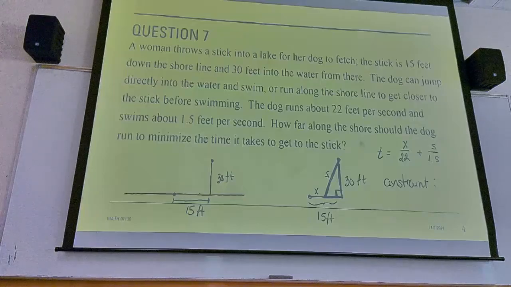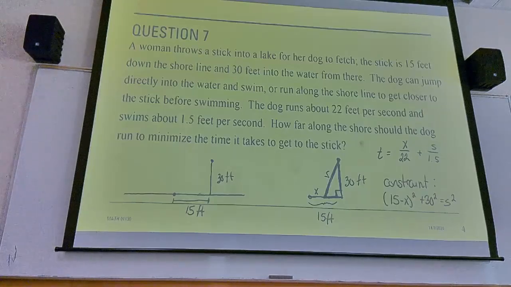That's the constraint, which allows us to solve for s, or x, whichever one you want to do. X is going to be a bit more of a headache.